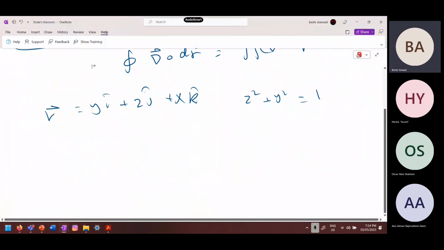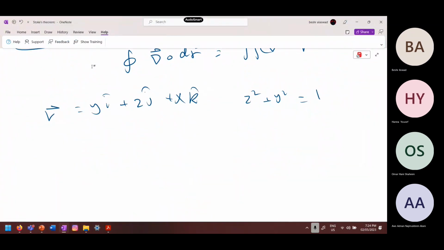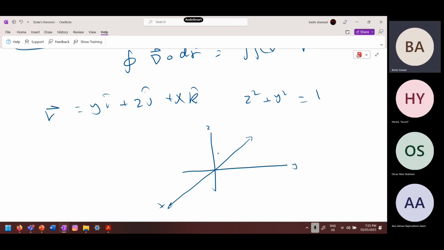And the area is given in the following diagram. There's z, y, and there's x. The area here is given in a quarter circle.